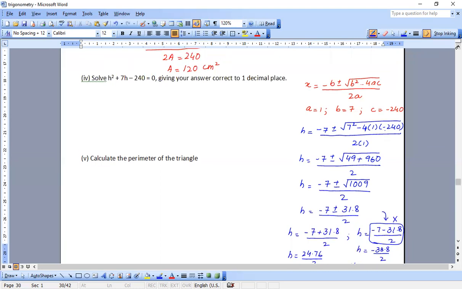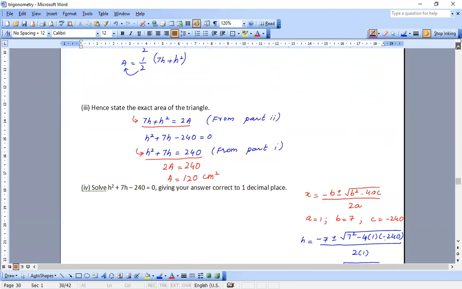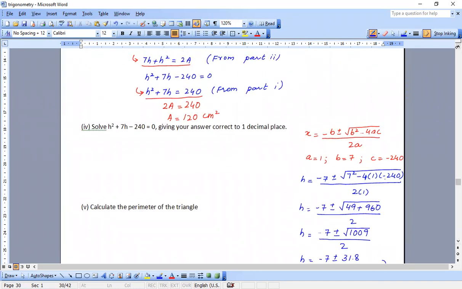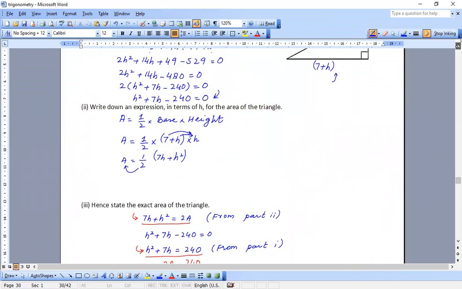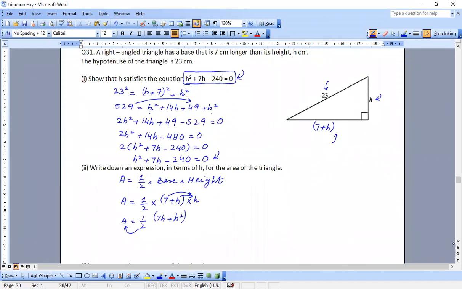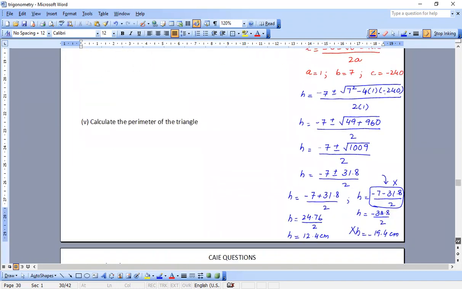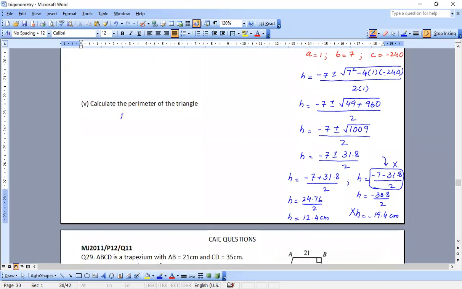In the end, they want us to find the perimeter, and the perimeter of the triangle is the sum of the lengths of all the sides. The lengths of all the sides are 23, h and 7 plus h. So the perimeter is 23 plus 7 plus h plus h.